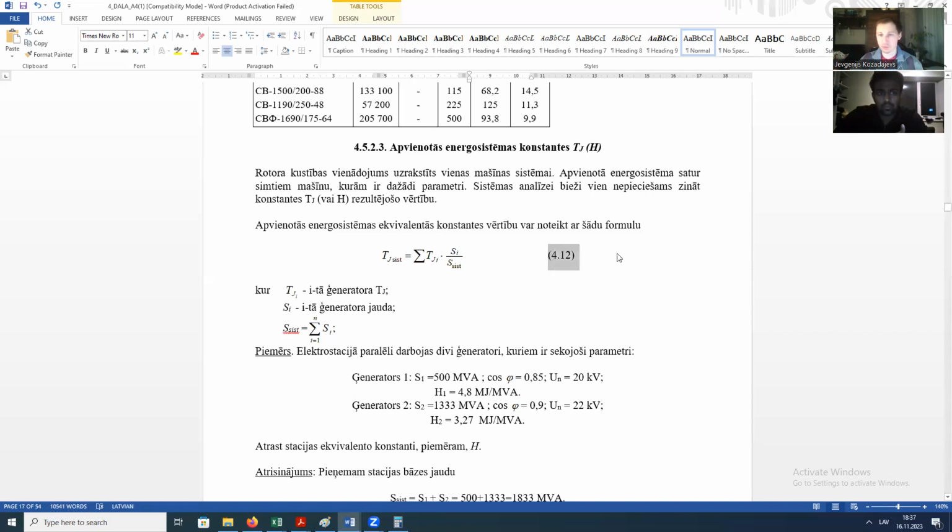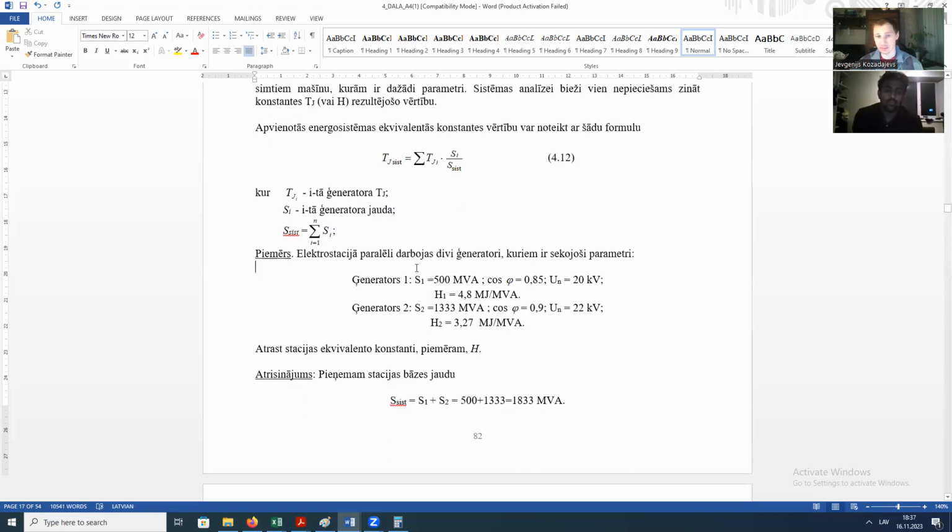That's why there is formula 4.12, where T, the same as H as we talked previously, is the name of inertia, and it is equal to the sum of the inertia of every generator, multiplied by this generator's power divided by the total power of all generators. Here is a simple example.